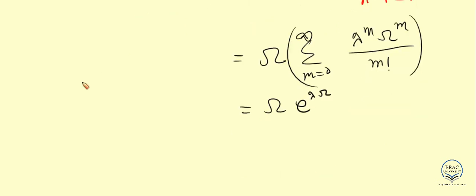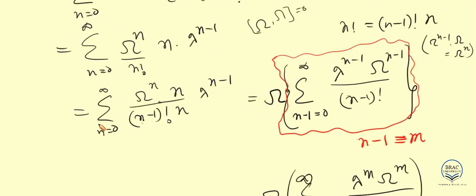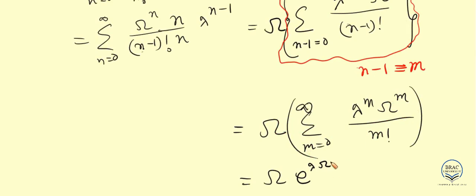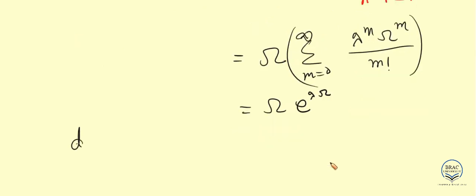So what we got finally is dB by d lambda equals omega e to the power lambda omega.